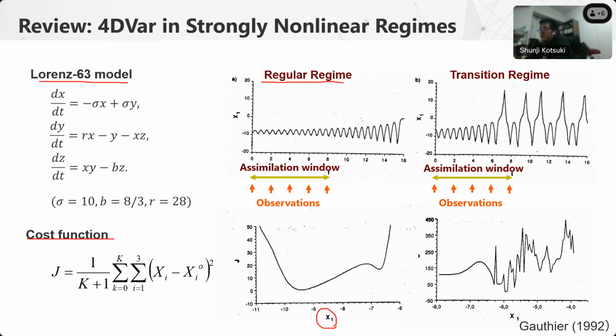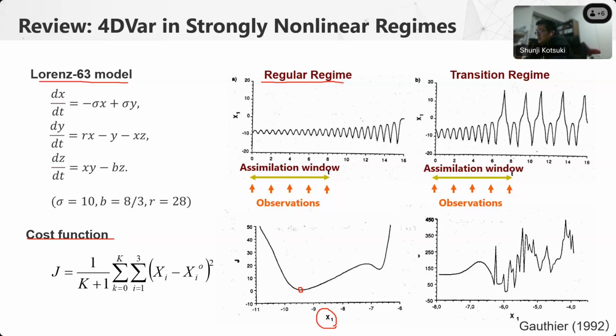In the case of the regular regime, we can see a stable cost function, and in this case we can find the optimal solution easily. But in the case of the transition regime, when 4D-Var is within the strongly nonlinear regime, the cost function becomes very difficult to find the optimal solution for because of the many local minima.